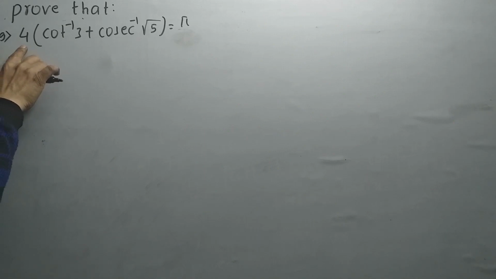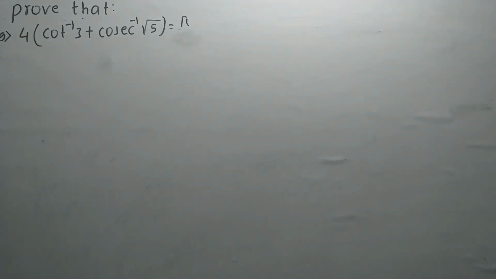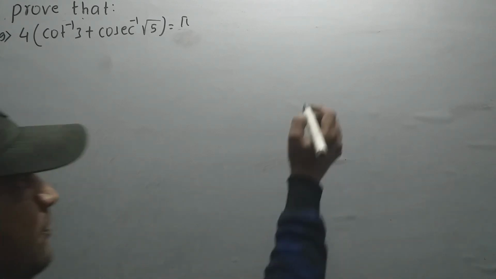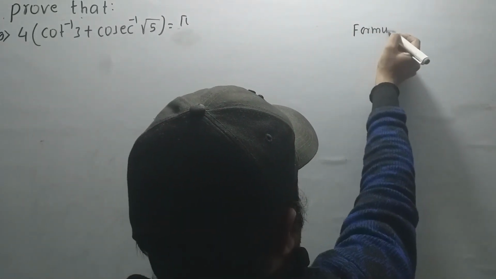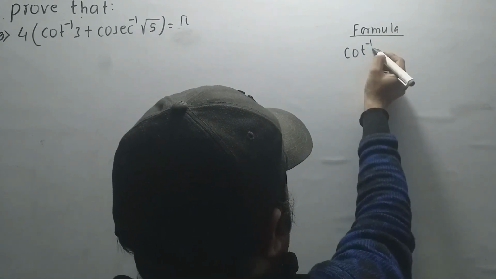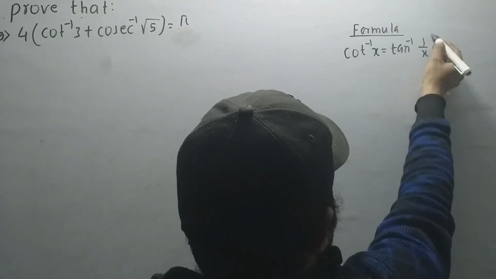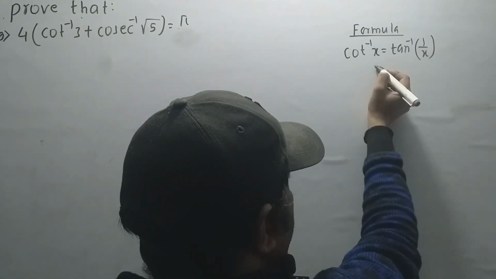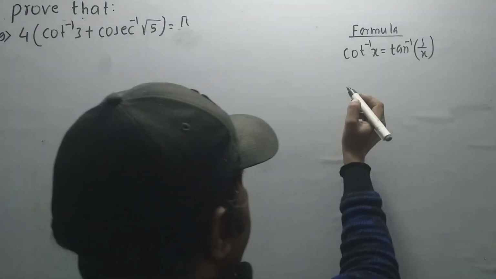So here it is 4 in bracket, that is cot inverse 3 plus cosec inverse under root 5, that is equal to pi. But before that, let me move to the formula section here. For the formula section, first you need to know here cot inverse x equals tan inverse, make it reciprocal, 1 by x. Here x by 1, make it reciprocal, it will be tan inverse 1 by x.